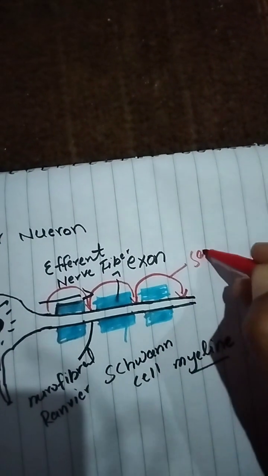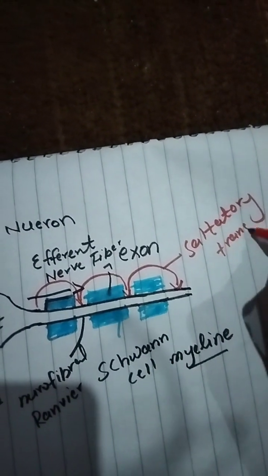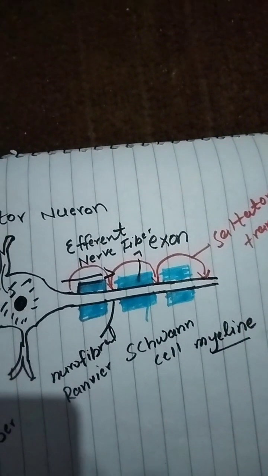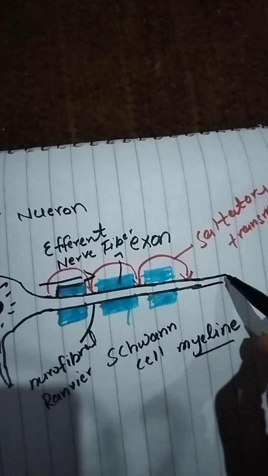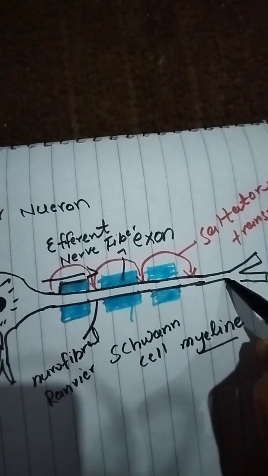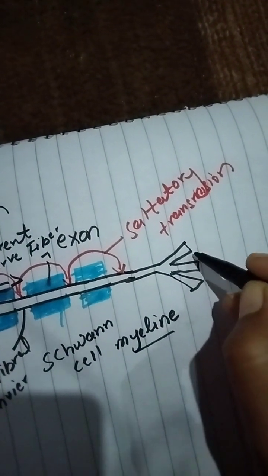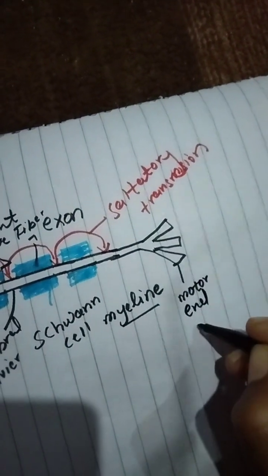When the neuron ends, it becomes wide at the end, and this wide portion is called the motor end bulb.